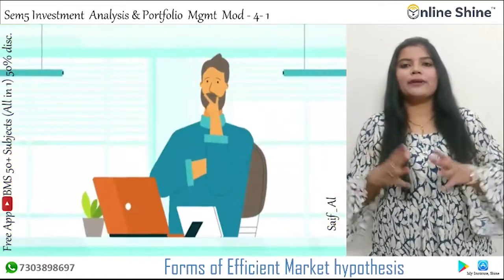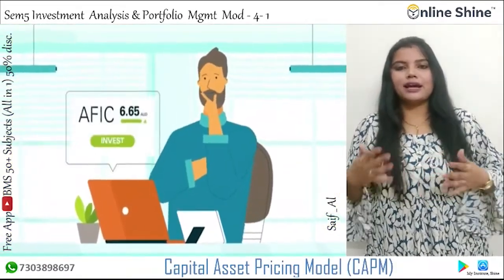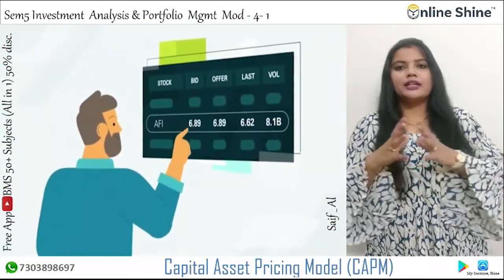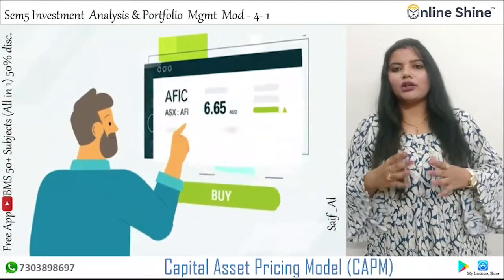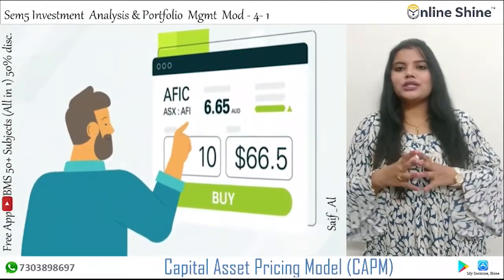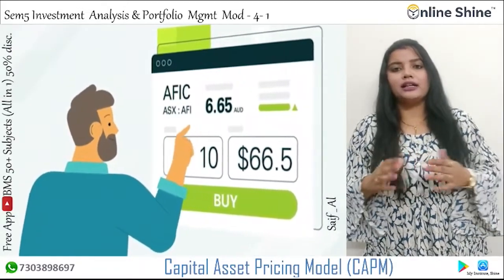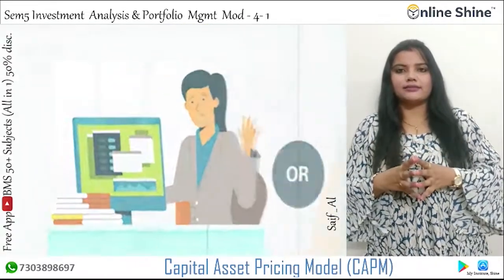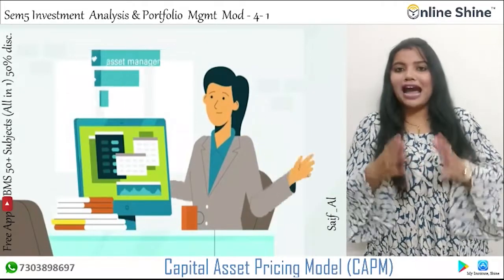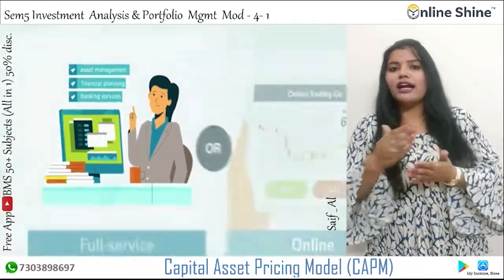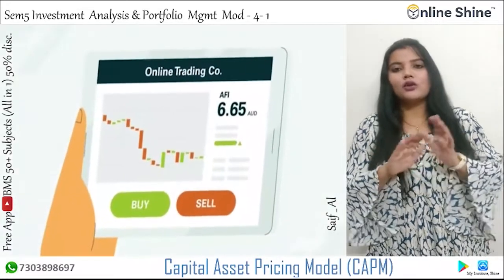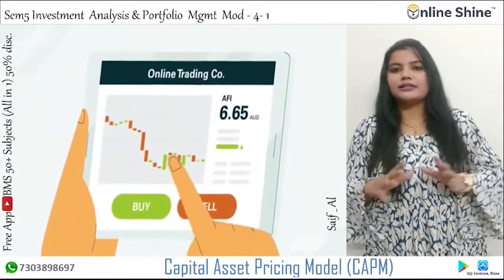Now, next topic is capital asset pricing model. In short form, we can say CAPM. The capital asset pricing model, CAPM, is used in finance to determine a theoretically appropriate rate of return of an asset, if that asset is to be added to an already well-diversified portfolio, given that asset's non-diversifiable risk.